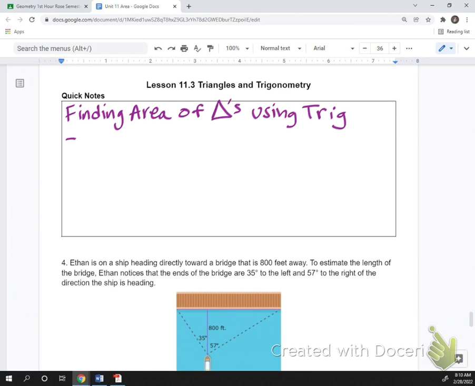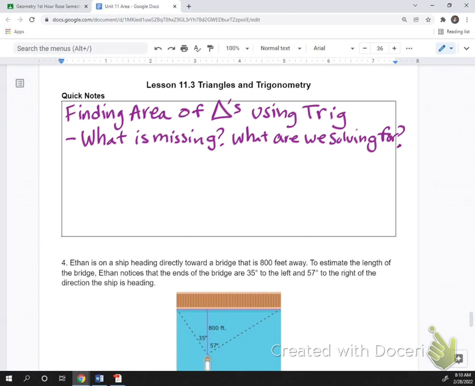The first thing you should ask yourself is, what are we missing? What are we solving for? The what are we solving for part is always in the directions. Are we finding the area?